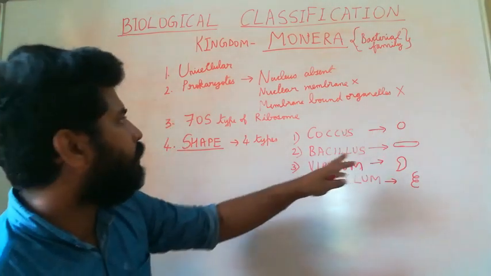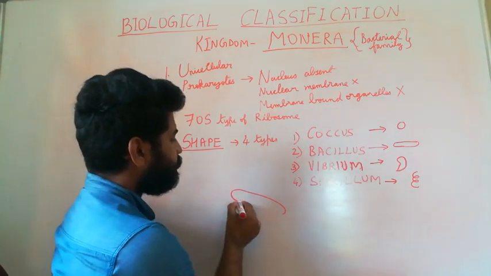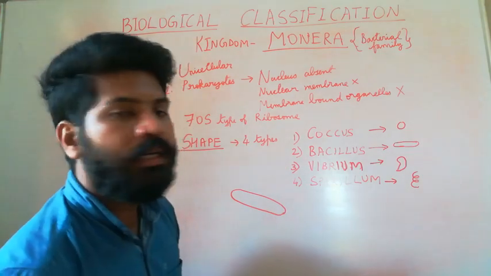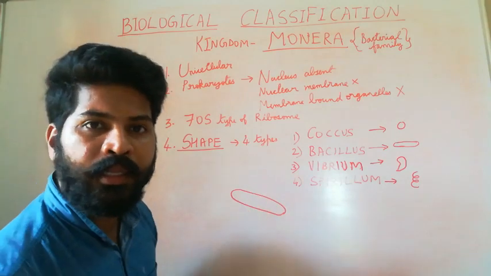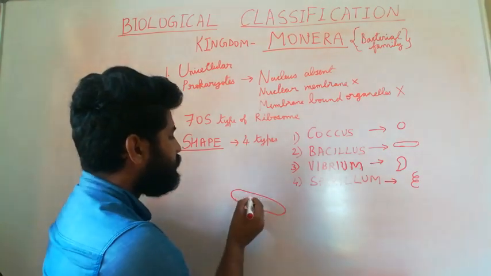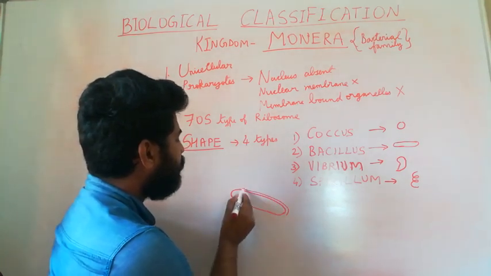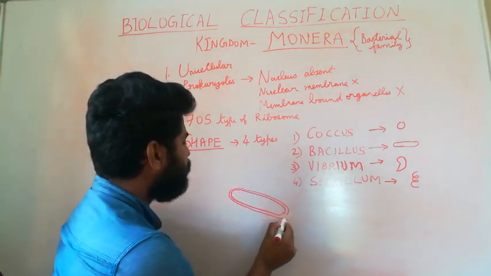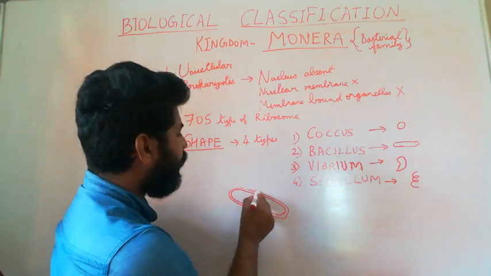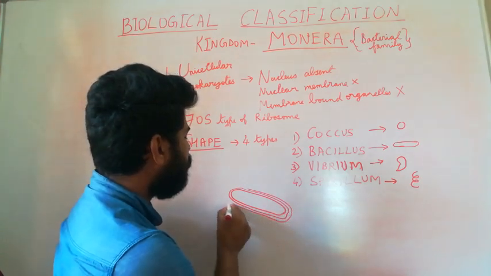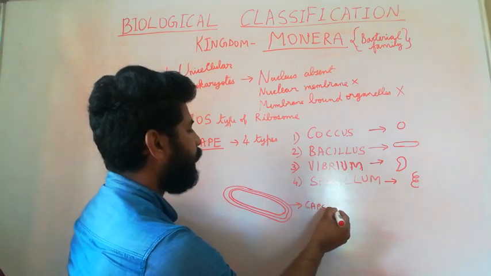Any bacteria, as you know, let us take the diagram, is a single cell. I am taking the example of a bacillus, a rod shaped bacteria, and it has a cell membrane. On the cell membrane there is a cell wall, and some bacteria have an extra outermost covering called the capsule.